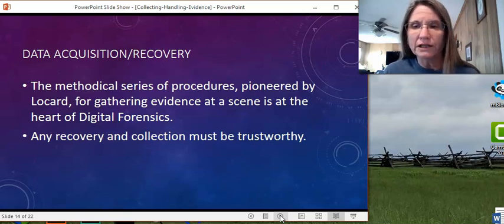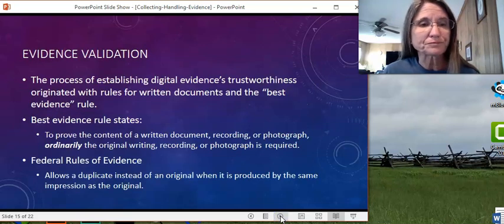And the bottom line is, you can do all kinds of collection and studying, but whatever is done must be trustworthy. Witnesses, judges, other people in the process must have faith in your process. They must trust the data and the evidence that you are providing.